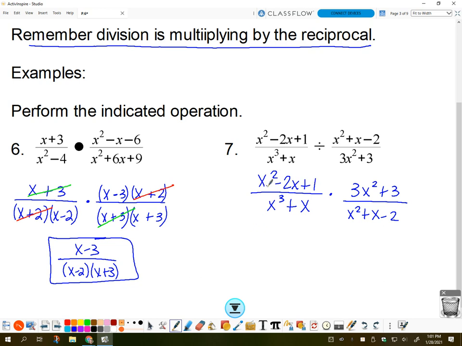So this numerator, we can do x plus 1, x minus 2. No, we can't. Oh, I'm multiplying to get a 1. Sorry, I was completely looking at the wrong thing. Let me back up. I think it's going to be x minus 1, x minus 1. Yes, that works. All right, the denominator, I can take out an x.